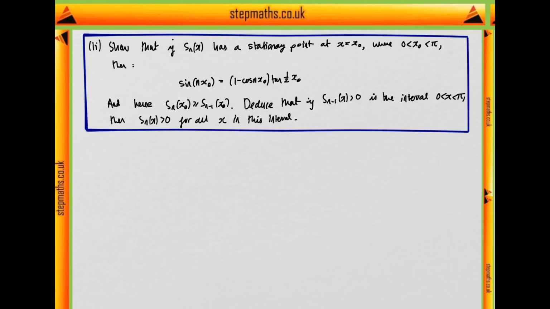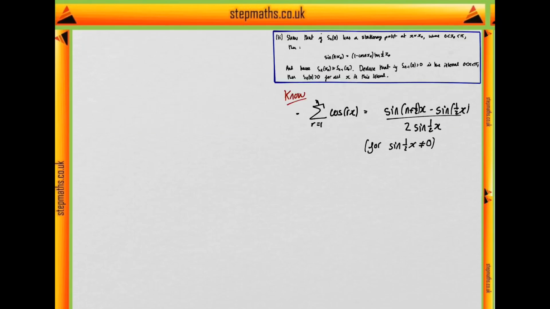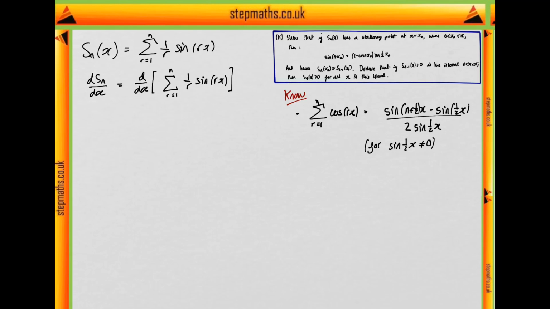Okay, so how are we going to do this? Well, we know this already from the first parts of the question, the sum of cos of Rx, and we know that Sn of x is given by this. So since we're considering stationary points, we want to differentiate Sn of x. That makes sense. So dSn by dx is just d by dx of this whole sum, which, since it's a finite sum, we can put the d by dx on the inside.